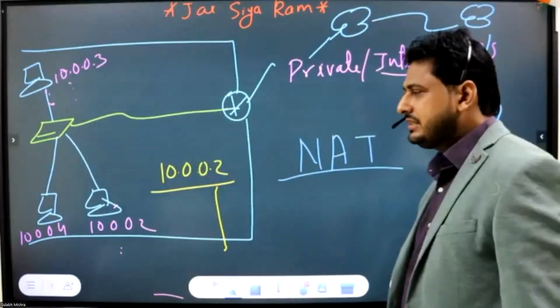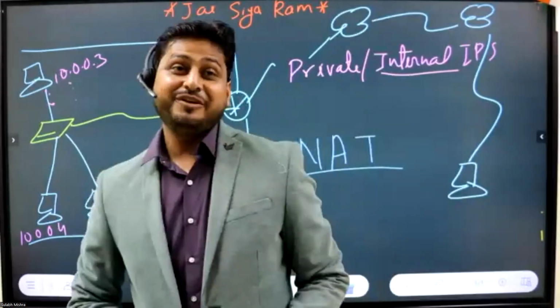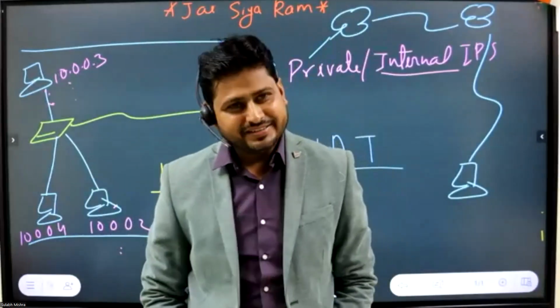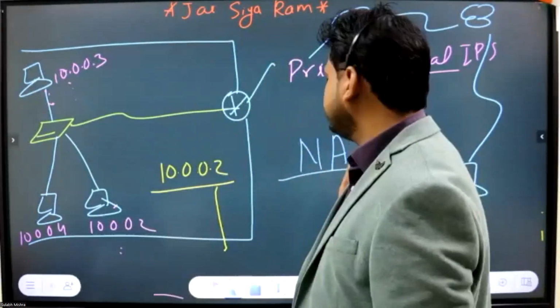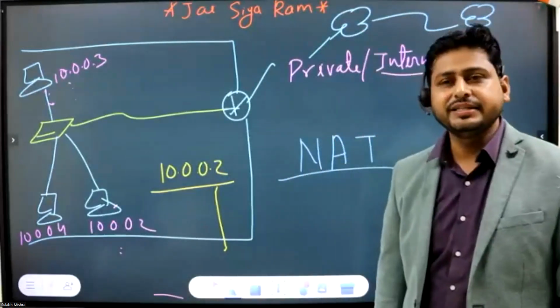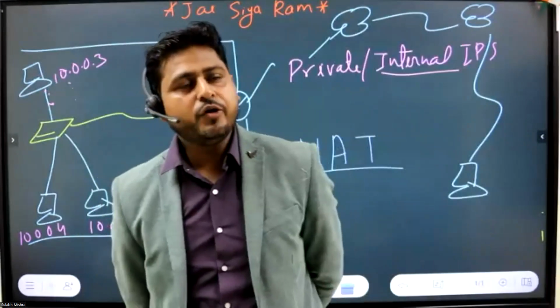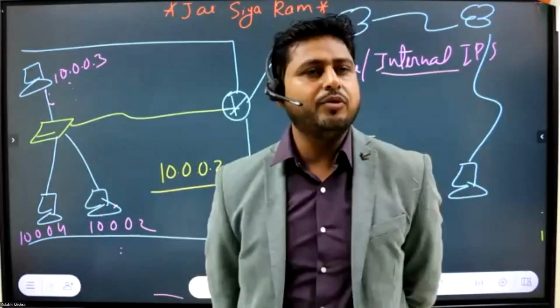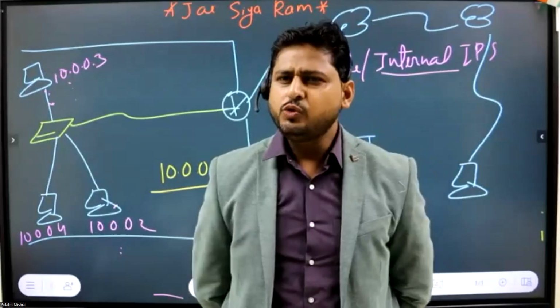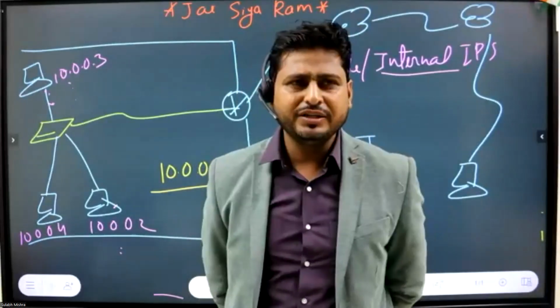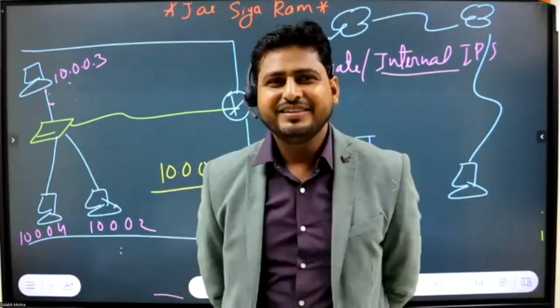NAT means Network Address Translation. You can write it down: Network Address Translation. What do you mean by network address? The meaning is suggested by the name, network address translation. So what we call as network address? IP address.